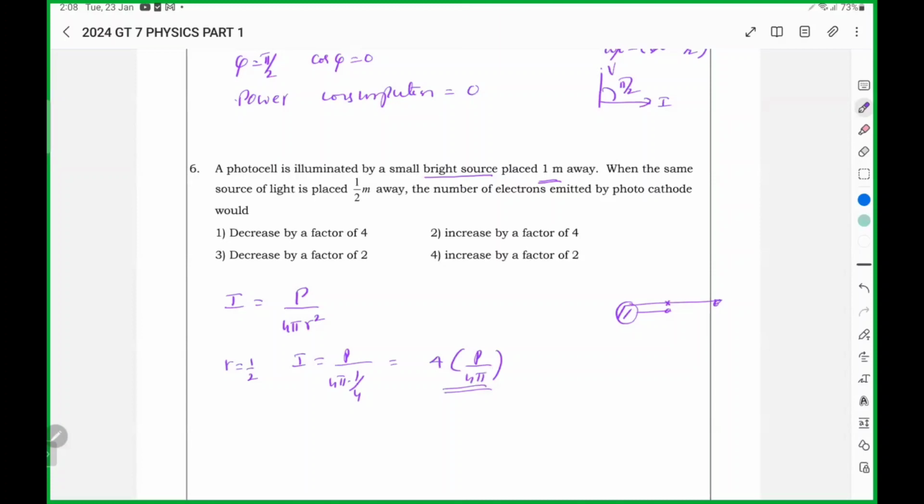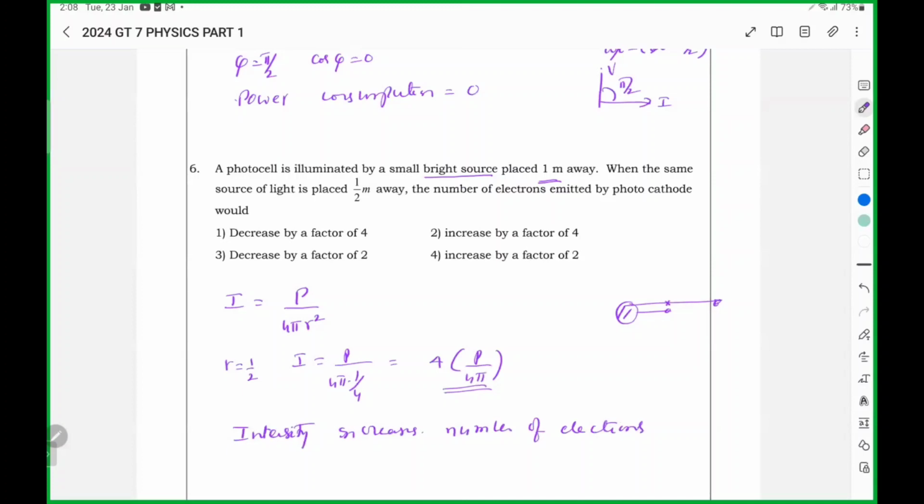Once intensity increases, intensity means more photons are incident on it.